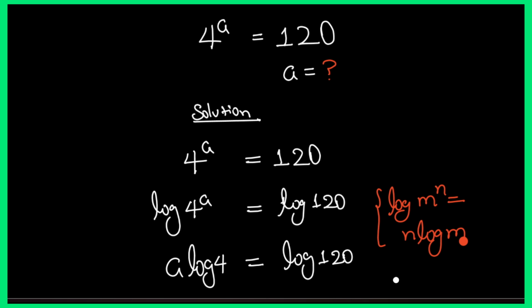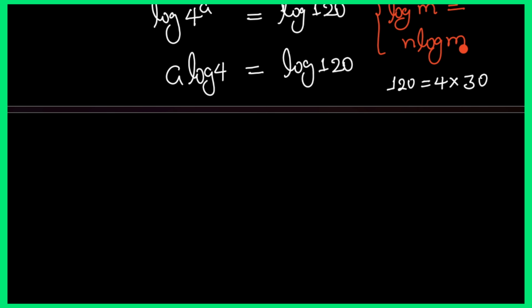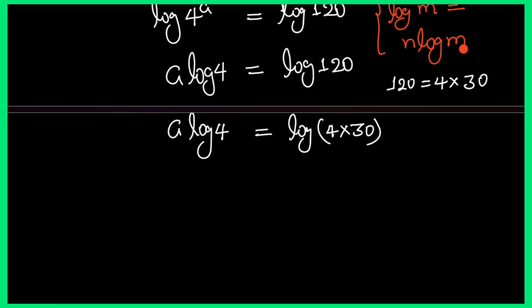Now 120 can be written as 4 multiplied by 30. So it becomes a log 4 equals log (4 × 30).